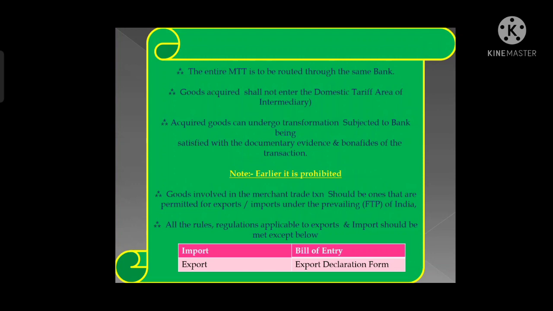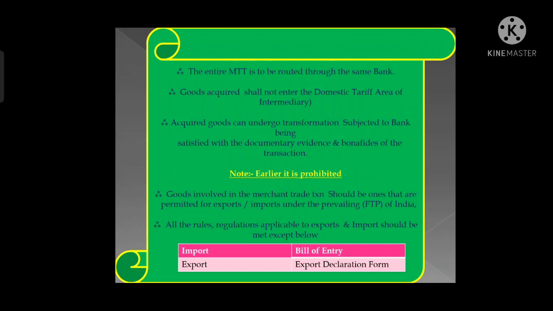The acquired goods can undergo transformation. This point needs to be noted: in the previous guideline on merchanting trade transactions issued by the Reserve Bank of India, it was mentioned that the goods can't undergo transformation. But in the revised guideline, RBI has allowed transformation of goods in some cases.